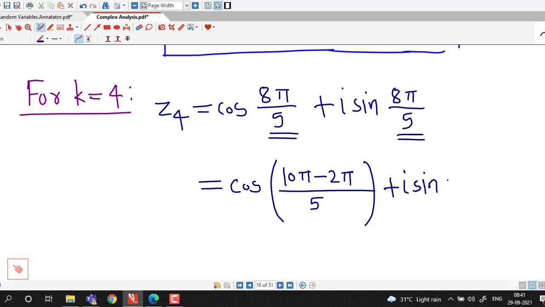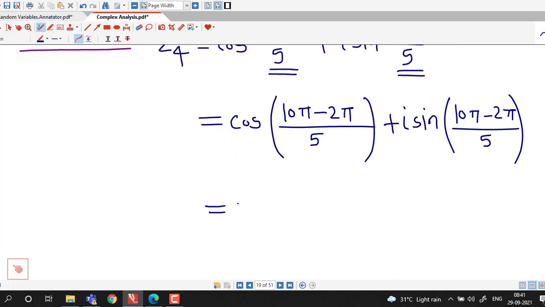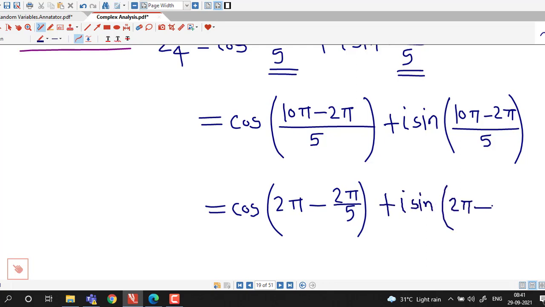Same thing here, 10 pi minus 2 pi divided by 5, and this can be rewritten as 10 pi divided by 5, that is 2 pi minus 2 pi by 5, plus i sin of 2 pi minus 2 pi by 5.